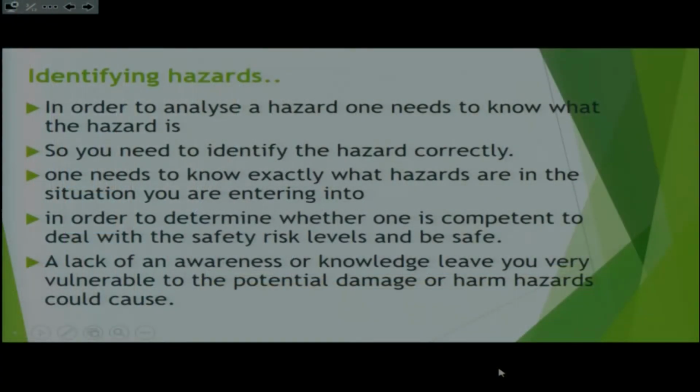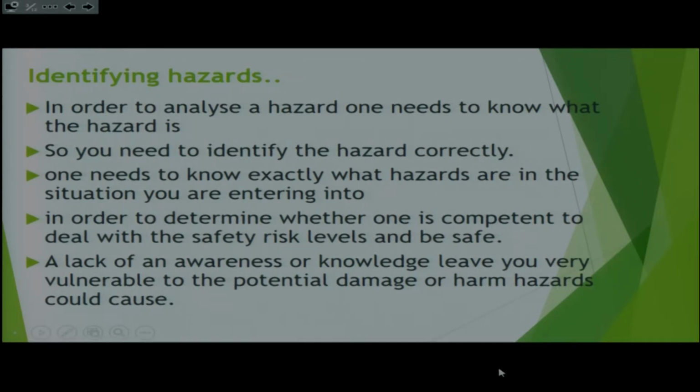Hence, we've taken so many chapters to try and give you the snapshot of understanding in depth what hazards are, their interactions, their energies, as well as their characteristics. So one needs to know exactly what hazards are in the situation you are entering into, in order to determine whether one is competent to deal with safety risk levels and be safe.